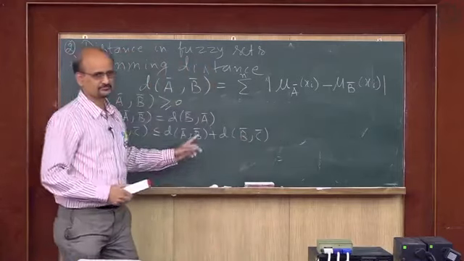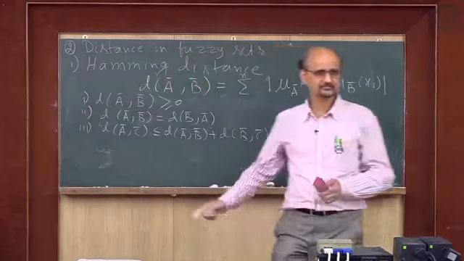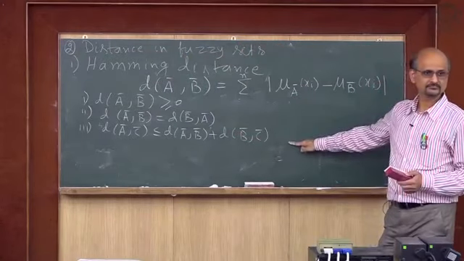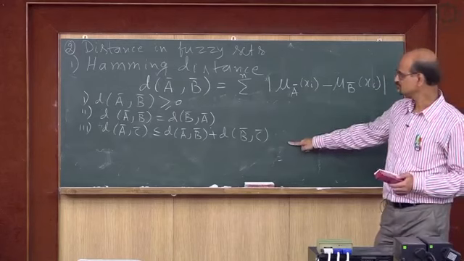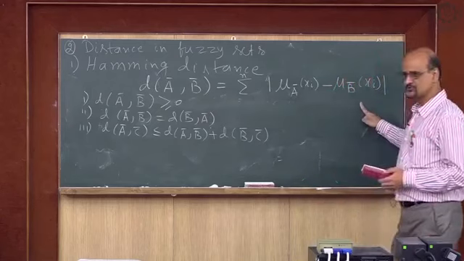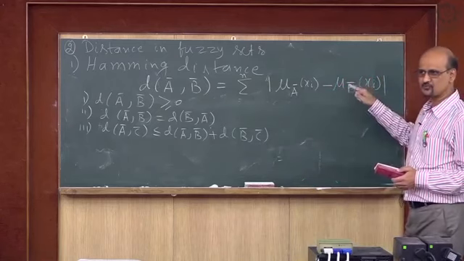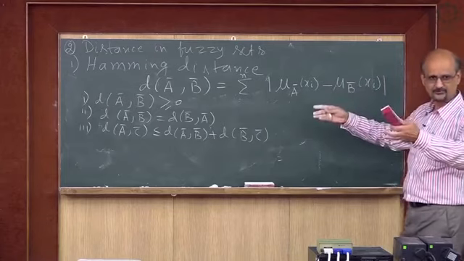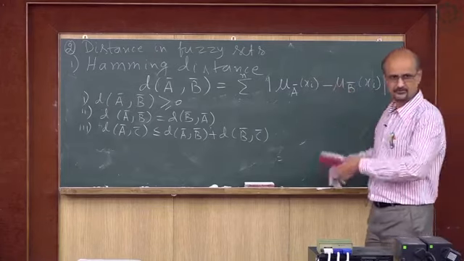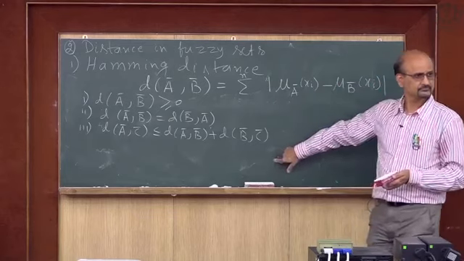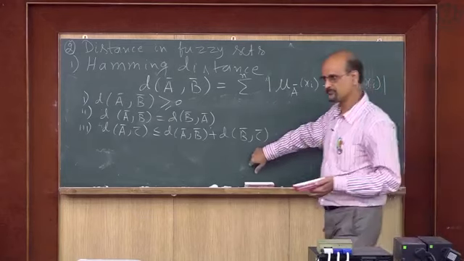Can you prove this? I can prove this very easily. Take D A C, mu A bar xi minus mu C bar xi, then add and subtract mu B bar xi, then the sum of the absolute values is greater than or equal to the absolute value of the sums, so you will get this. This you can do yourself, very easy.